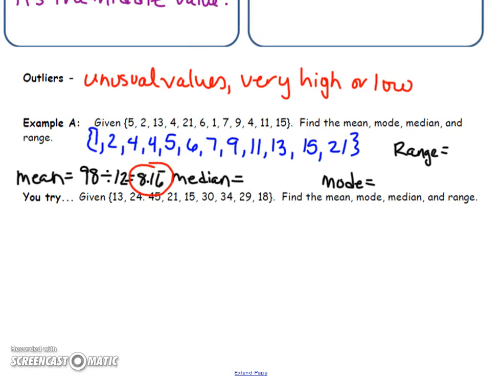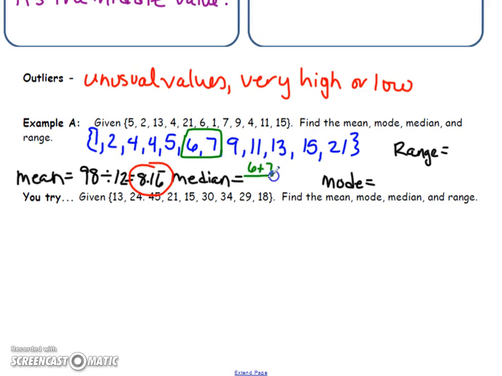When I go to calculate the median, I've already got everything lined up from smallest to biggest, so I just need to find the middle number. Unfortunately, since 12 is an even number of numbers, I have 2 values in the middle. So I want to find the middle between 6 and 7. To do that, we just take the average.